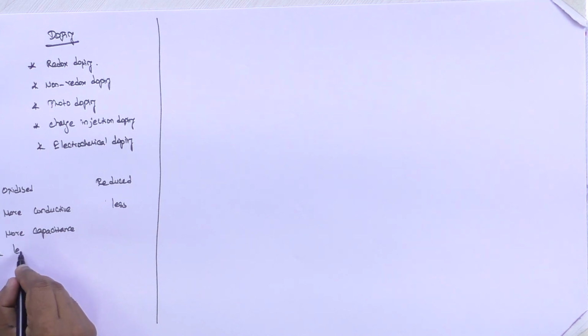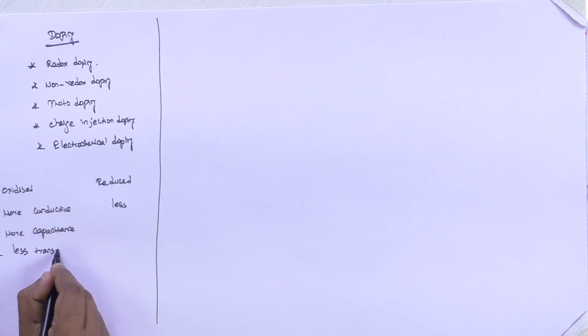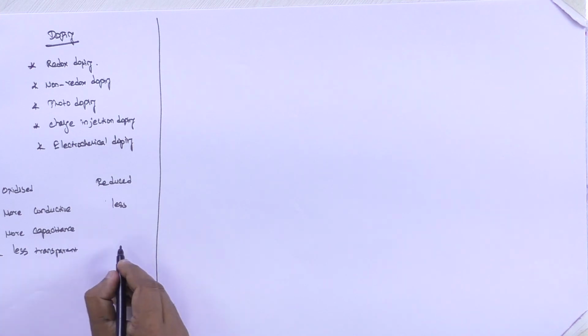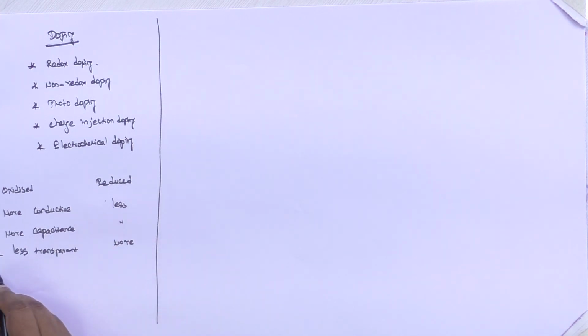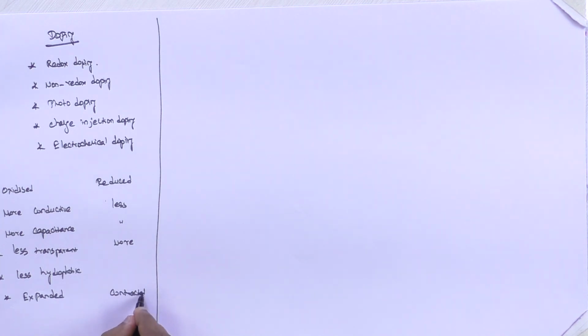This is less transparent, whereas this is more transparent. This is less hydrophobic, that is, less water repellent, and expanded, and here you have contracted. The polymer is contracted, and here it is more hydrophobic, and you have higher modulus here and lower modulus there. So, these are the characteristics of a conductive polymer.